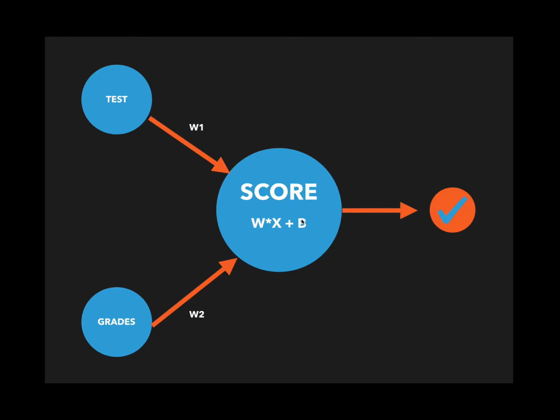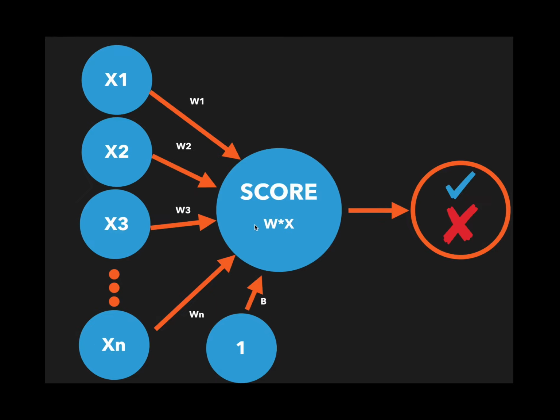Why not treat b as an input too? We can take 1 as the input and b as another weight. If there are n inputs, w1, w2, w3 up to wn would be the n weights, and b is the bias, taking 1 as its input. Then we can calculate the score and decide if the student gets accepted or not.